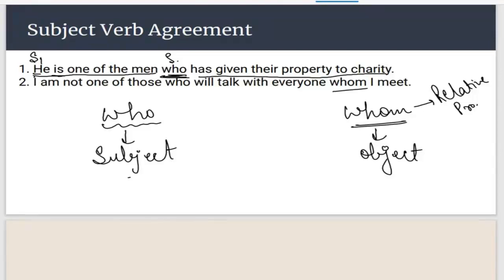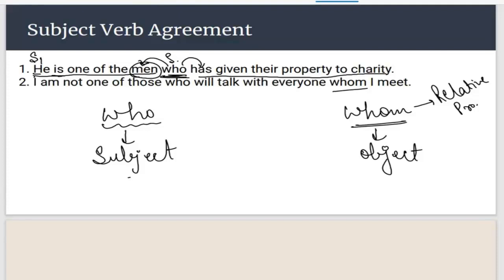So whenever you need to know whether the verb after who will be singular or plural, you will check the noun or pronoun mentioned just before who.